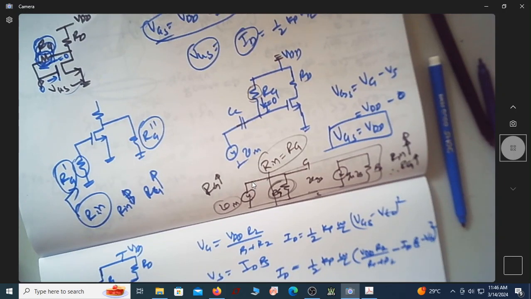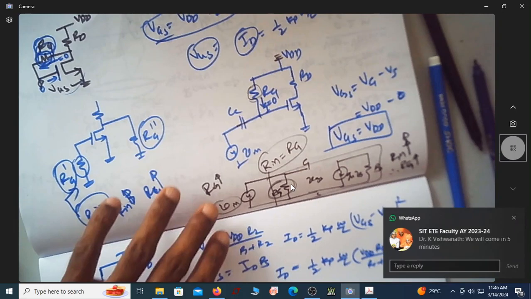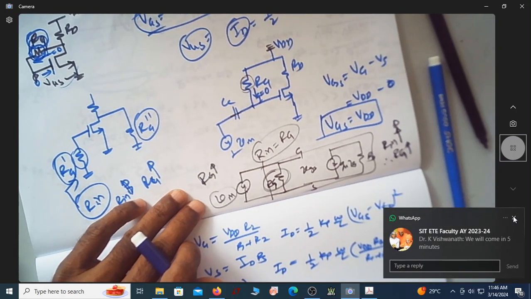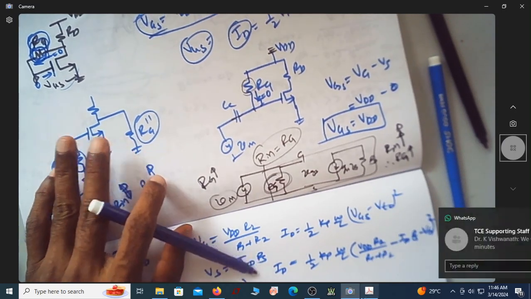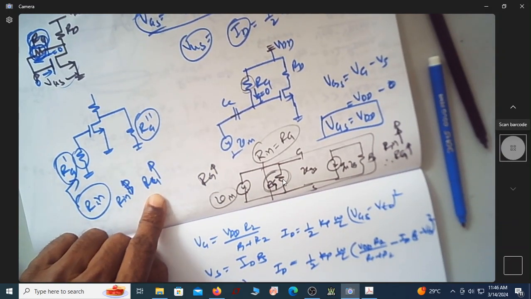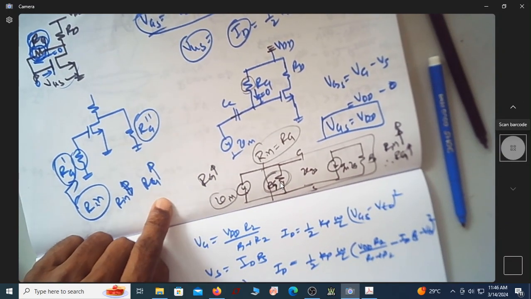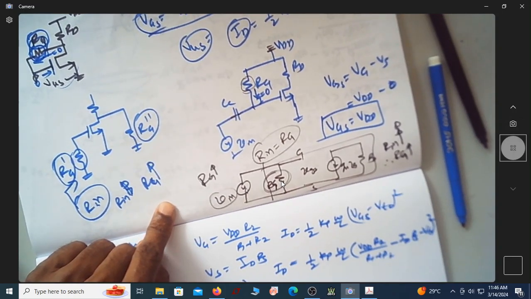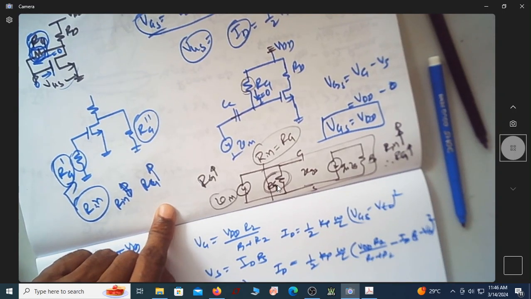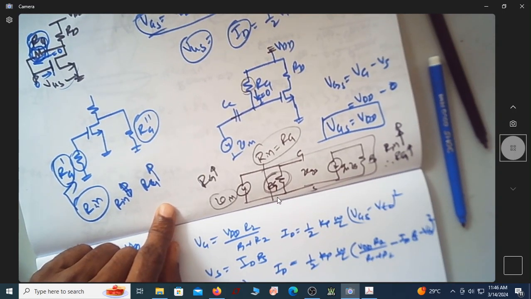You are shorting the capacitor, and this happens to be the input impedance of the amplifier. So naturally, input impedance has to be as large as possible. So Rg should be more and more to have good amplifier characteristics.